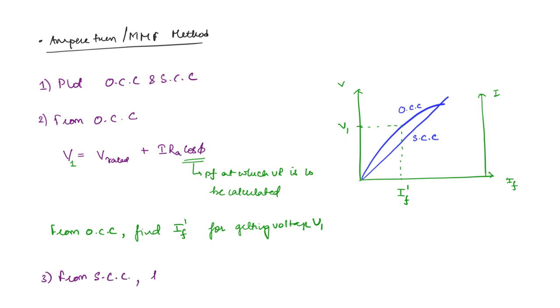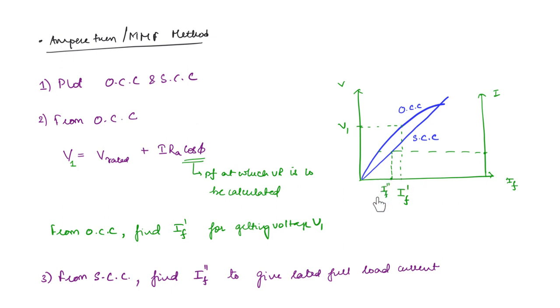So from SCC, find IF double dash to give rated full load current. Rated usually means full load only. So say this is the full load current somewhere here. So you are going to get IF double dash here.